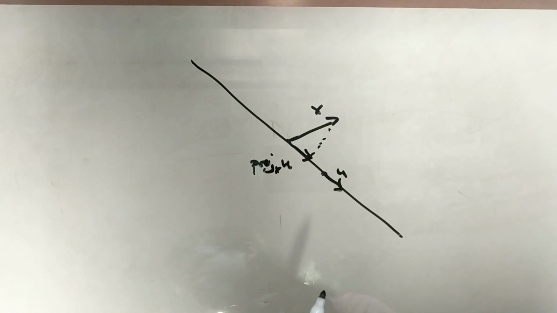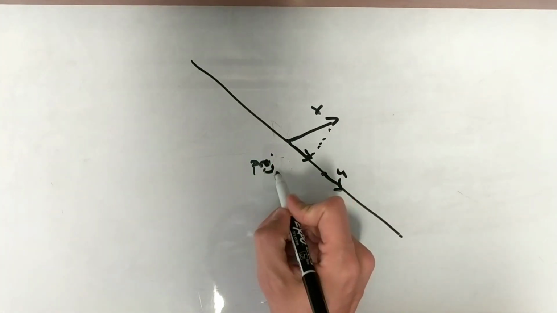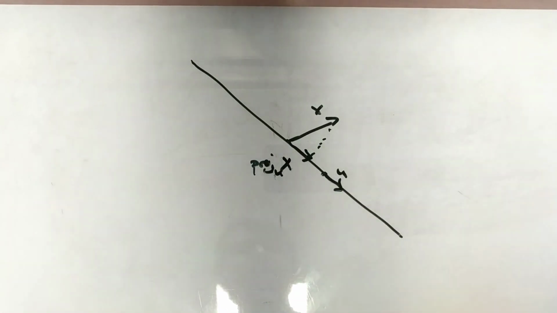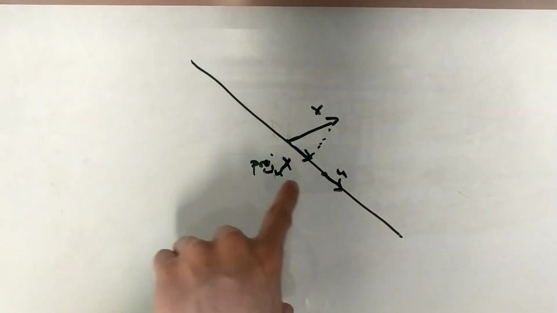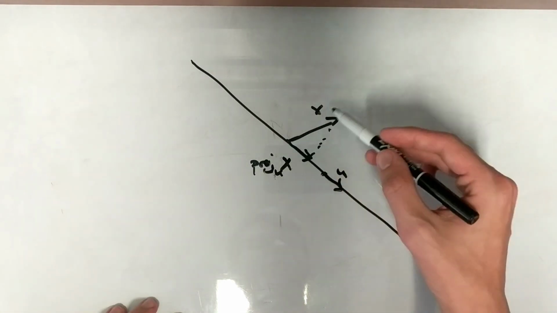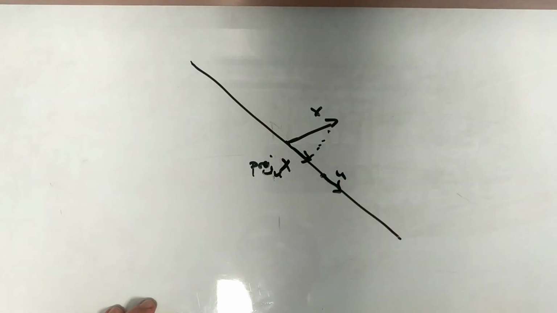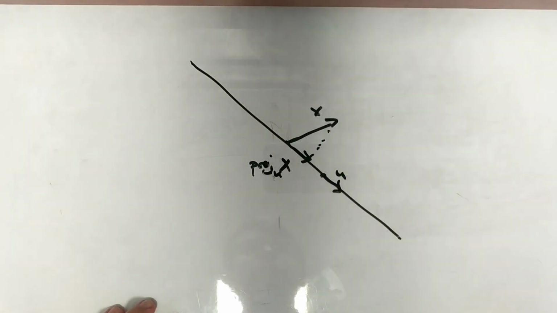Obviously, this is a vector, but based on how steep this angle is, we'll get a shorter or a longer projection.